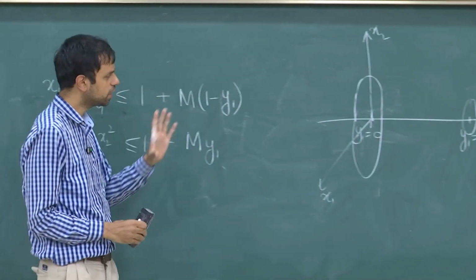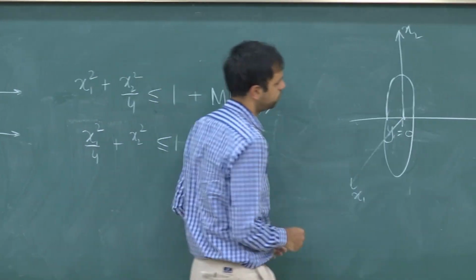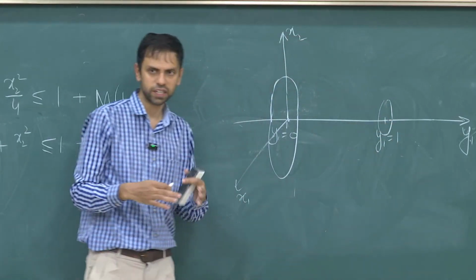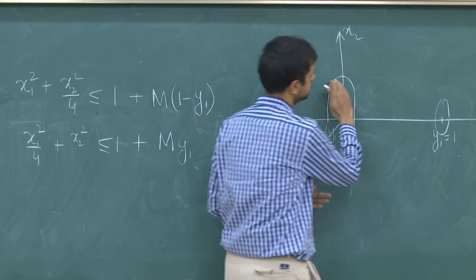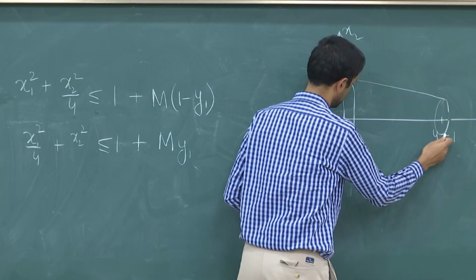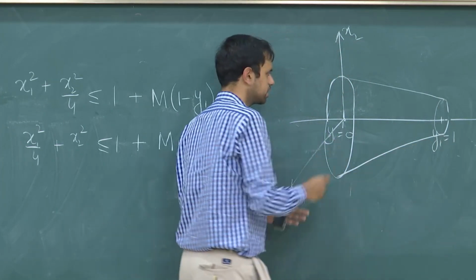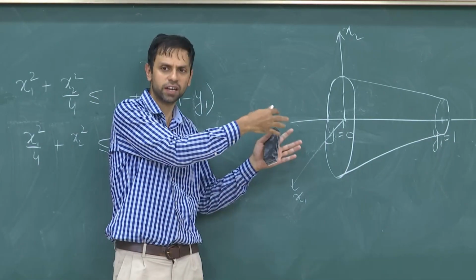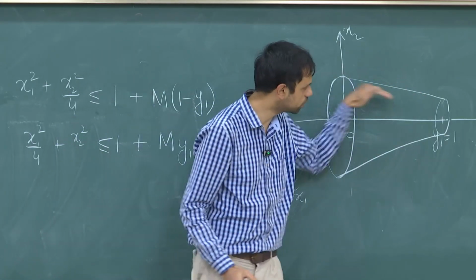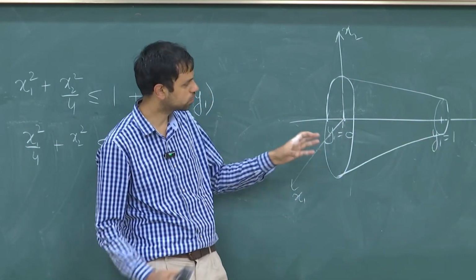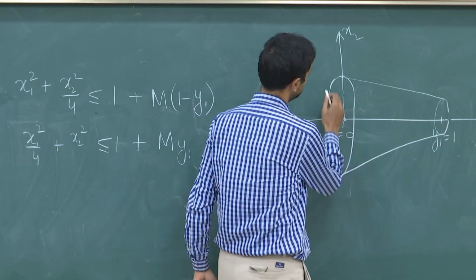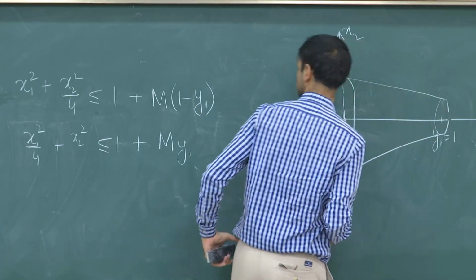If you really want the convex hull of all the feasible points here and here put together, then you need some sort of an envelope over this. It should progressively go down, like this. So it will look like some odd shaped bucket, which has very straight edges, tapering down into the shape of that ellipse. So the convex hull is this 3D object.